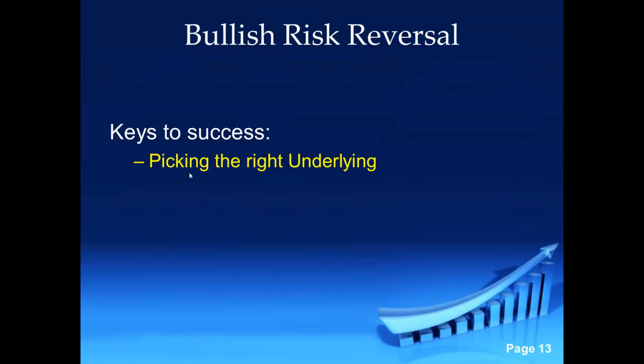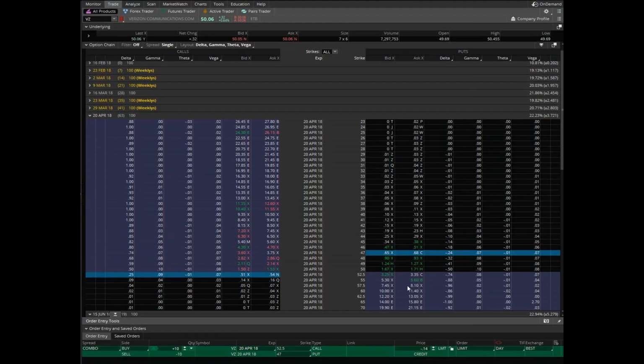So keys to success, picking the right underlying. If you guys look at these right here, this is 63 days out. Now, my rule is to look at the ones that are inside of 35 days to expiration, but Verizon is very popular amongst options traders.